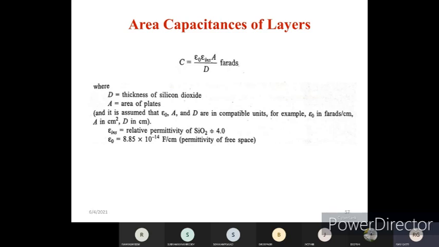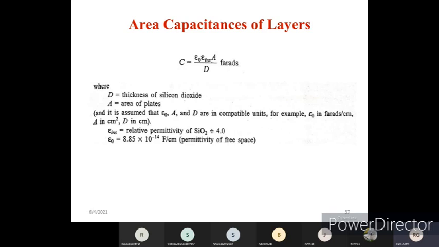Especially for the gate, you can see here we have a substrate, a dielectric, and a polysilicon. Such a configuration will establish a capacitance between those two layers, so it is necessary for us to note down those capacitances.